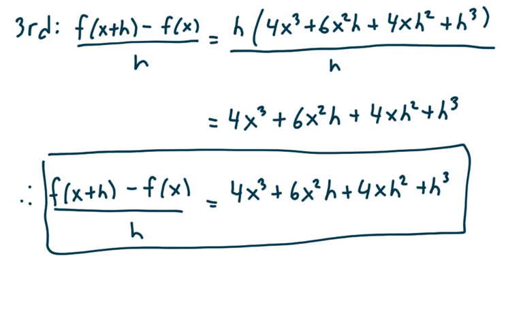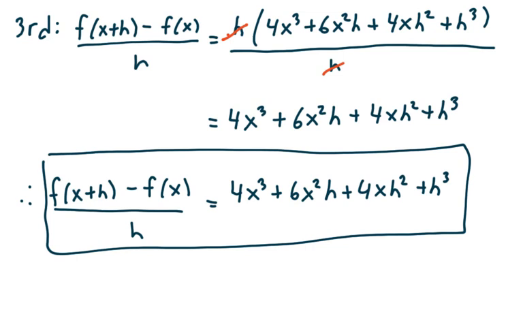F of x plus h minus f of x, all divided by h, is h times the quantity 4x cubed plus 6x squared h plus 4xh squared plus h cubed, all divided by h. But again, remember, h divided by h is equal to 1. And so that allows me to cross off these h's.